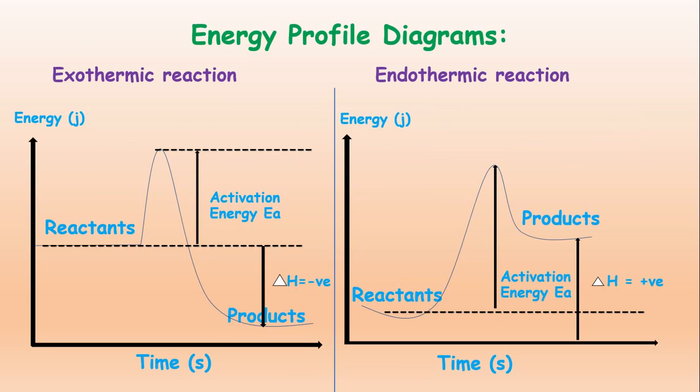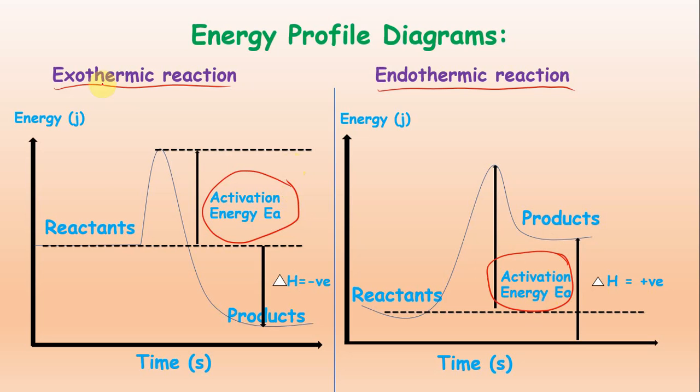Now we are moving towards another very important topic that I have mentioned in the learning objectives, that is energy profile diagrams. In energy profile diagrams of endothermic and exothermic reactions, when you compare energy level and energy profile, there is only one change: in the energy profile we also highlight the activation energy. The rest will be the same.